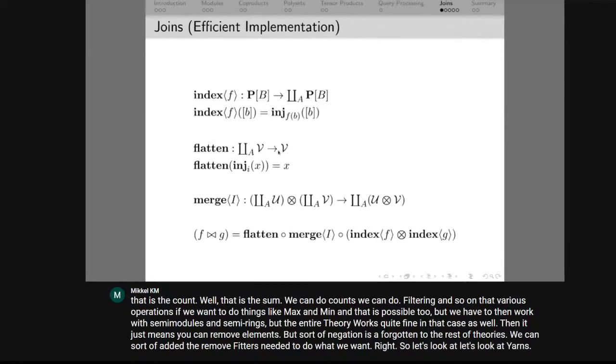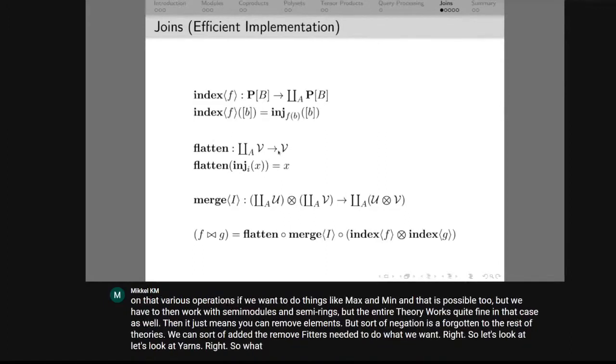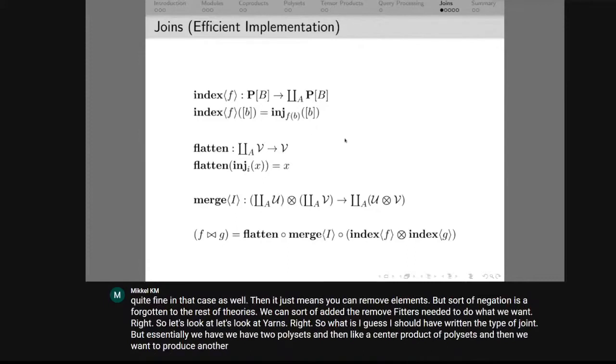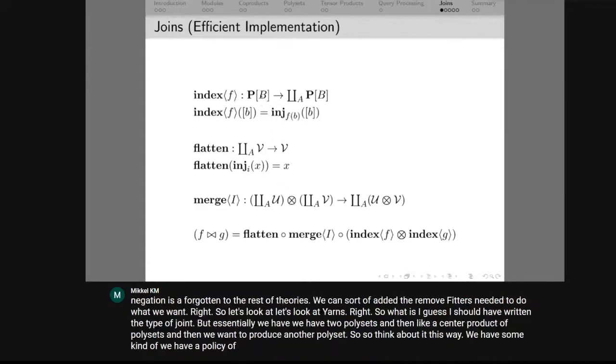joins. I guess I should have written the type of a join, but essentially we have two polysets, a tensor product of polysets, and we want to produce another polyset. Think about it this way: we have a polyset of B's, the record data that we have, probably a number of components of different types.